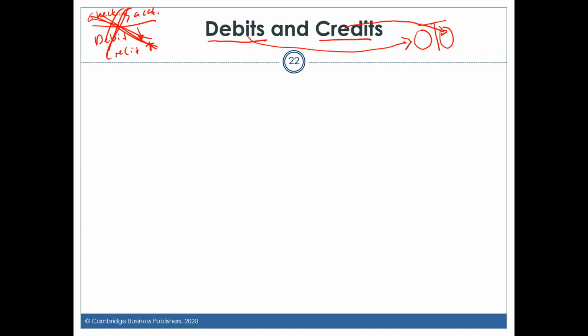This is why it's confusing to students who are just used to thinking in terms of their own checking account, where debits are always decreases and credits are always increases. Are you guys with me? In accounting, debit means left-hand side of T account. Credit means right-hand side of T account.